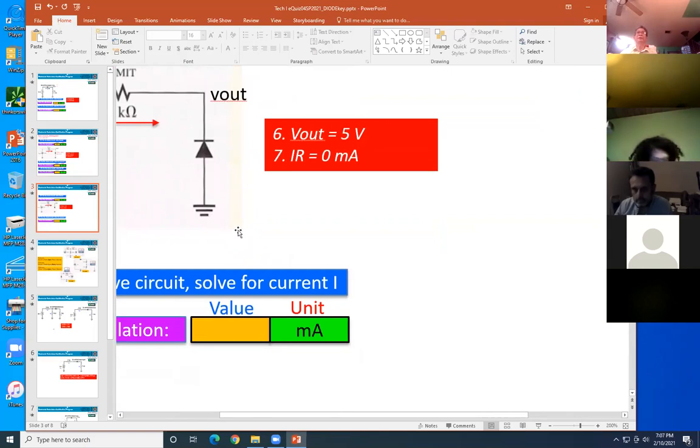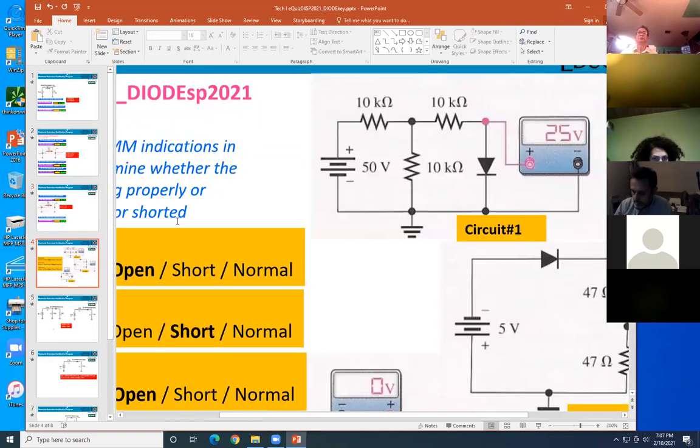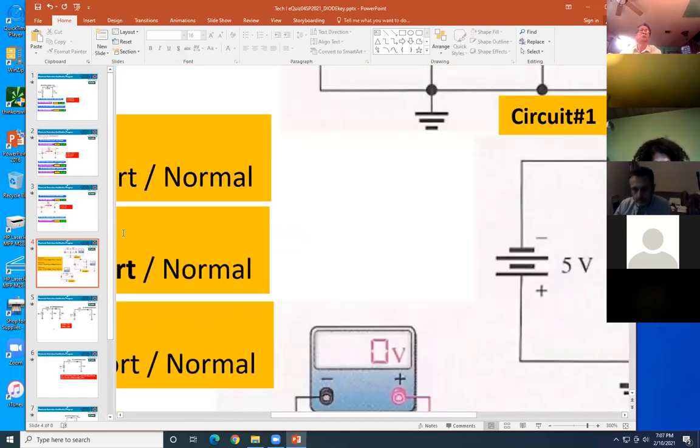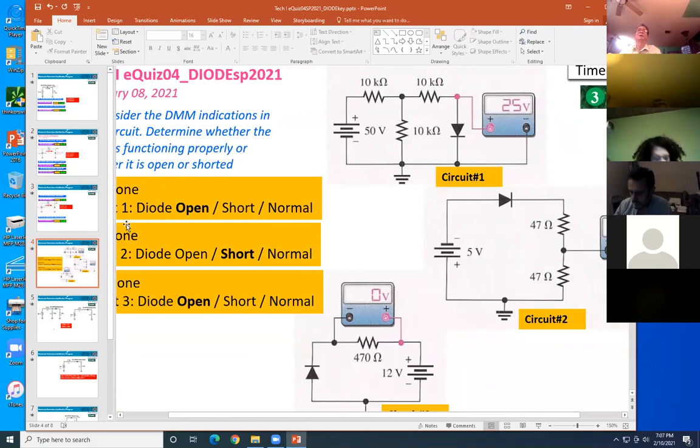Six, 5 volt, 70 milliamp. You see that when they measure the voltage on circuit 1, if it is working, the diode is on, then they are supposed to get 0.7 volt.